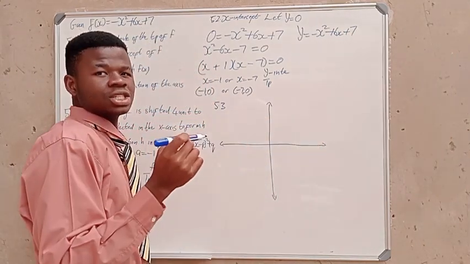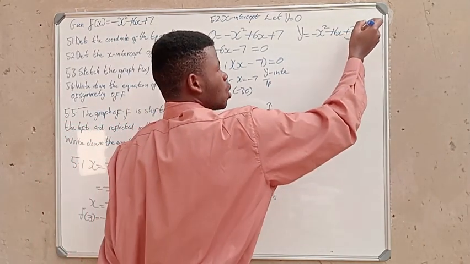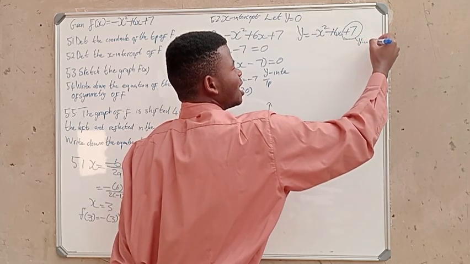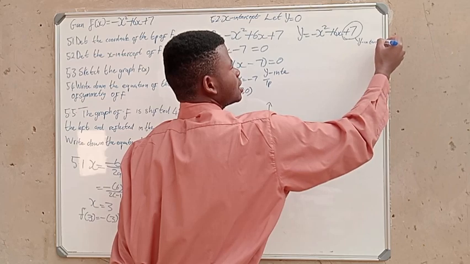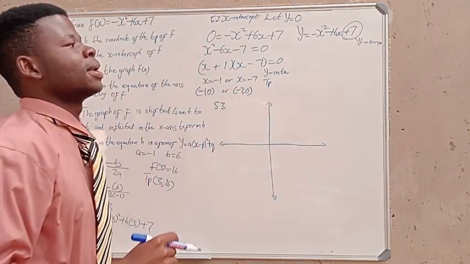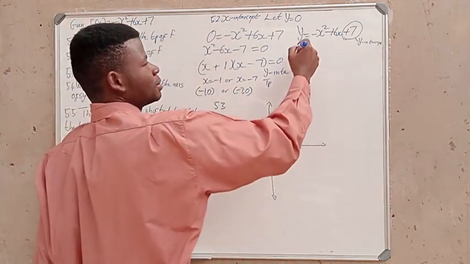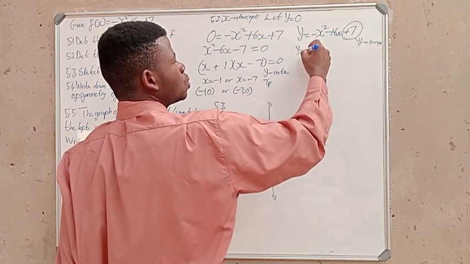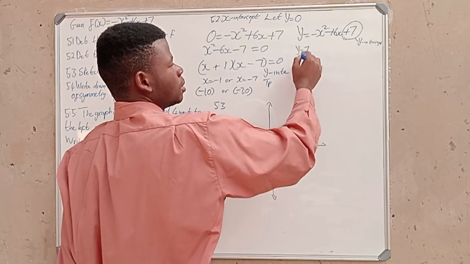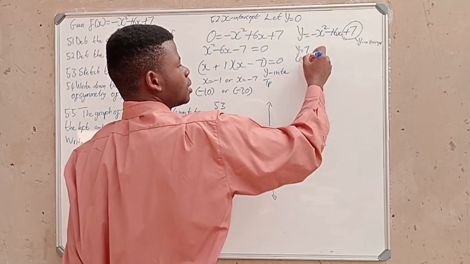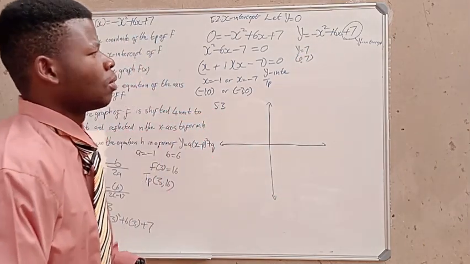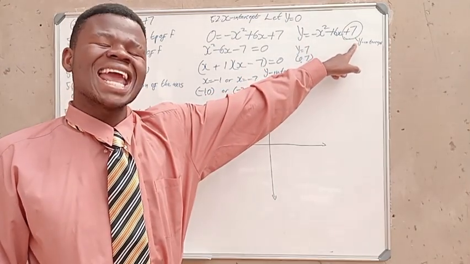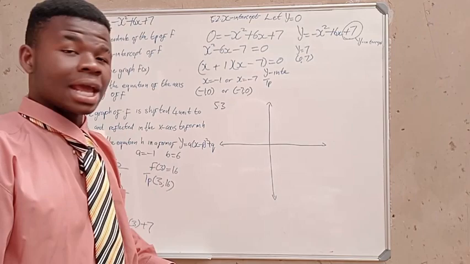Your constant here is your y-intercept, which is 7. So our y-intercept is going to be y is equal to 7, so 0 and 7. Your constant is always your y-intercept, guys.